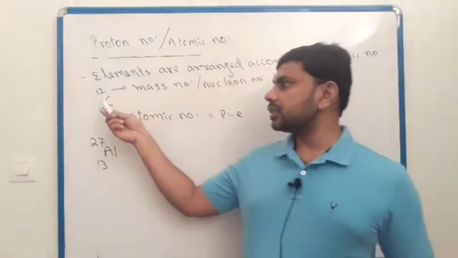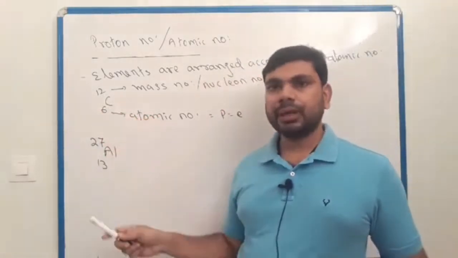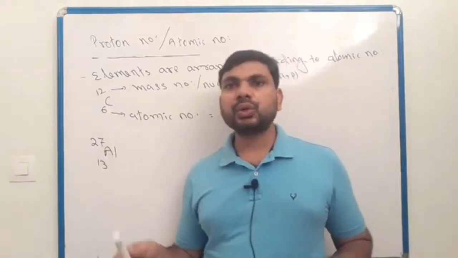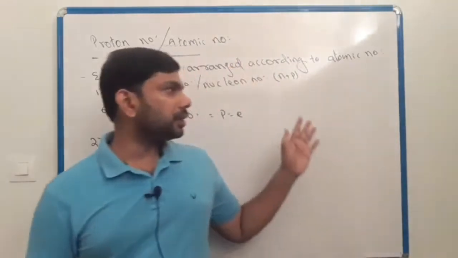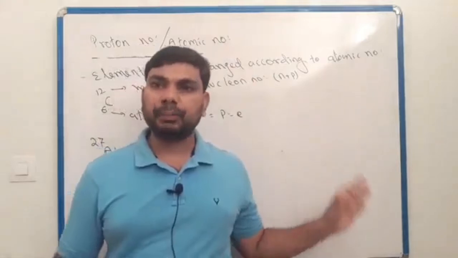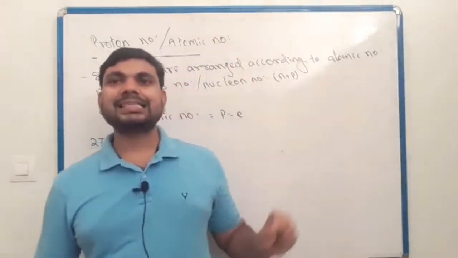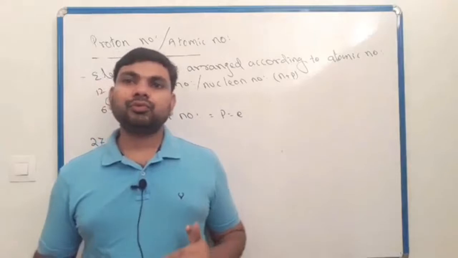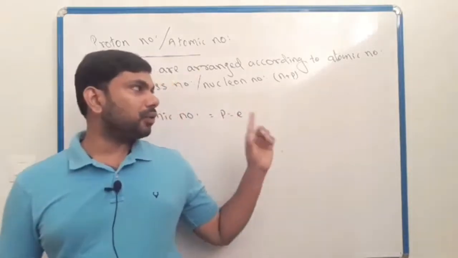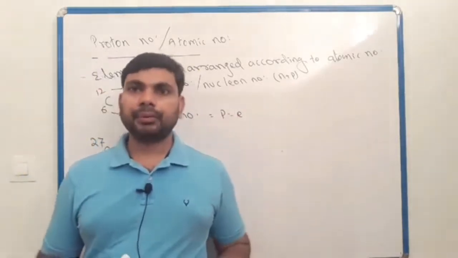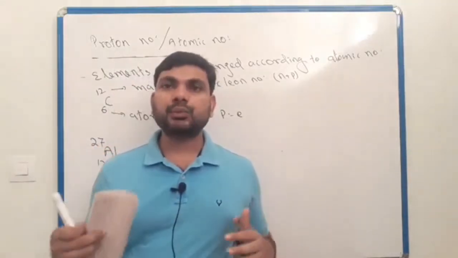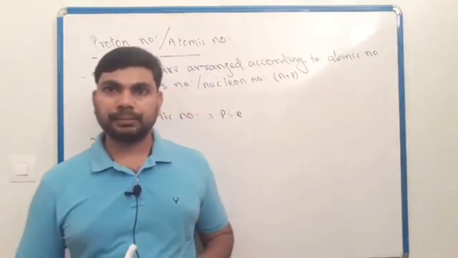For example, carbon 6, 12. Aluminium, you can see 13 and 27. Oxygen 8, 16. Carbon 6, 12. Nitrogen 14, 28. From these numbers we will get a lot of information.